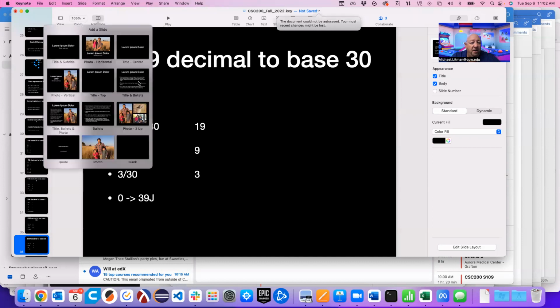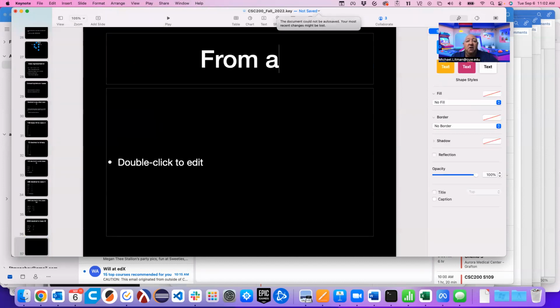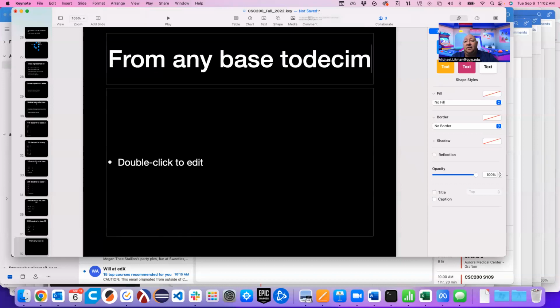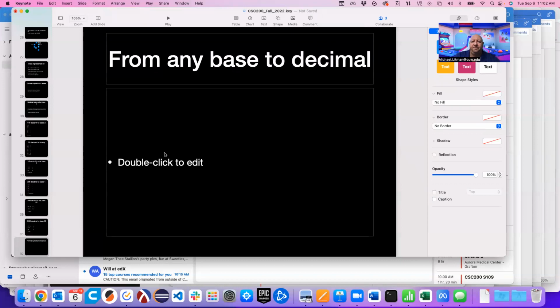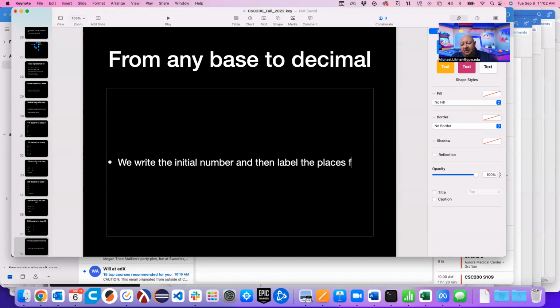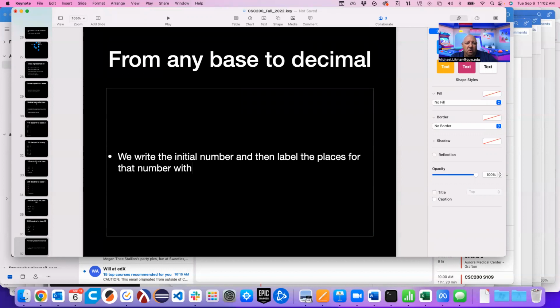All right, so if we want to go from any base to decimal, we write the initial number and then label the places for that number with the ones place at the far right.